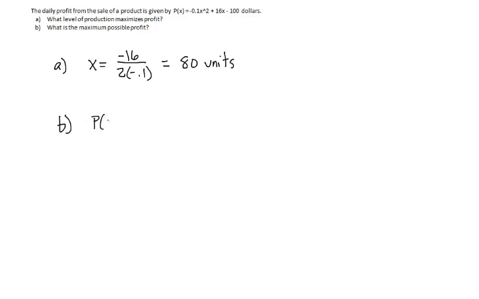So we have P of 80 is equal to -0.1 times 80 squared plus 16 times 80 minus 100, and that is equal to $540. So the sale of 80 units will give the company a maximum profit of $540. And that's the video on quadratic functions.